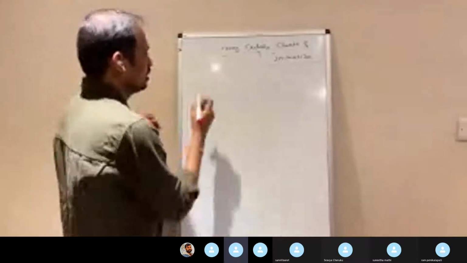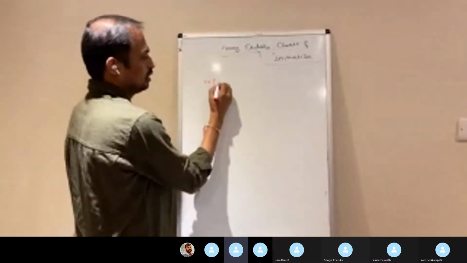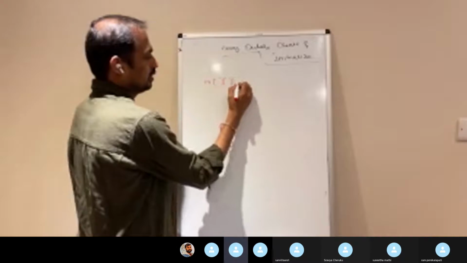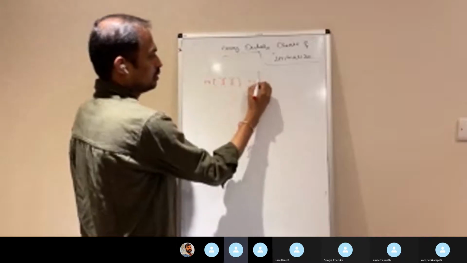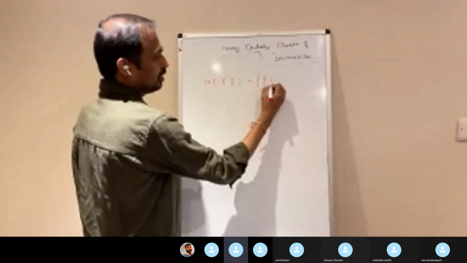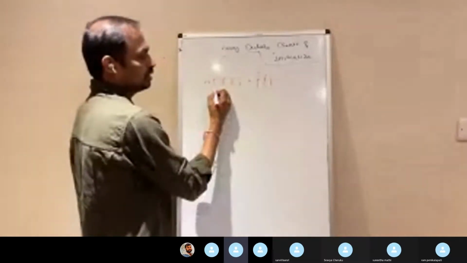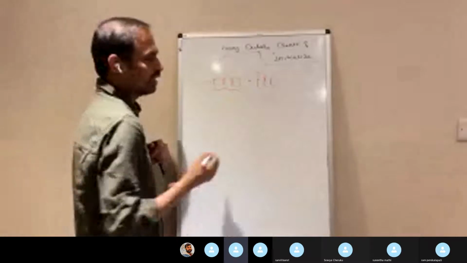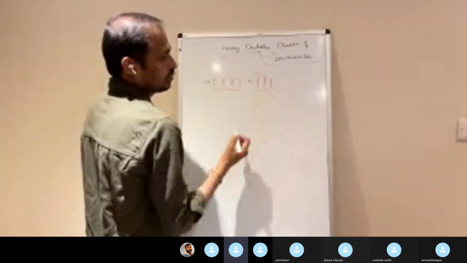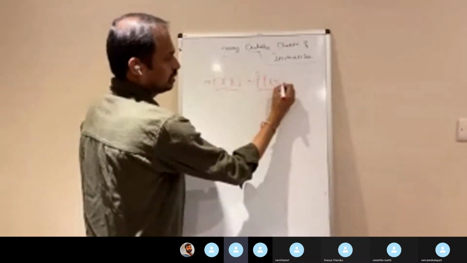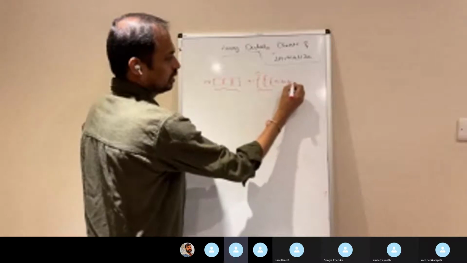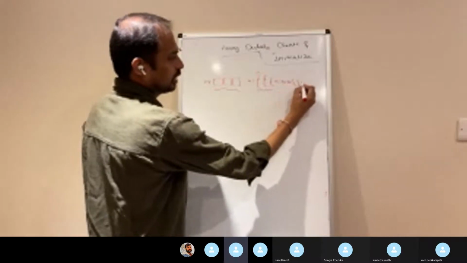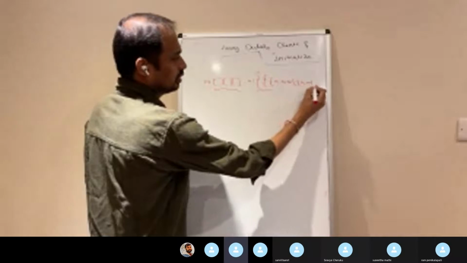So suppose they have given an int array like this. How many dimensions? It's 3, right? A 3-dimensional array, so we should have 3 of them. So 10 20 30 comma 10 20.